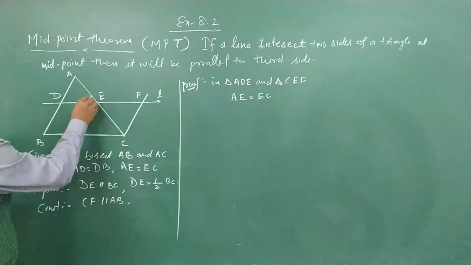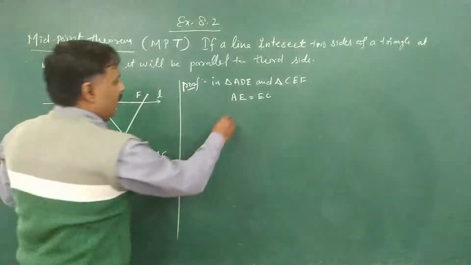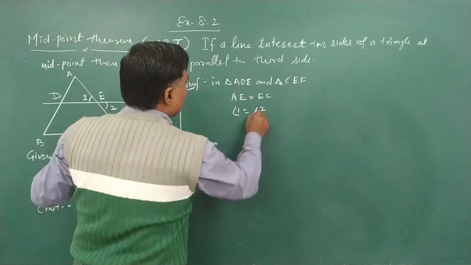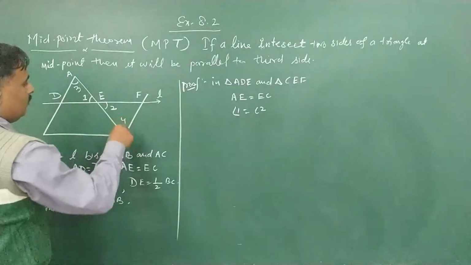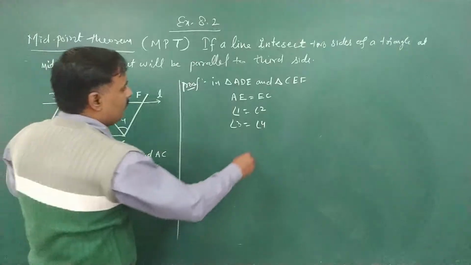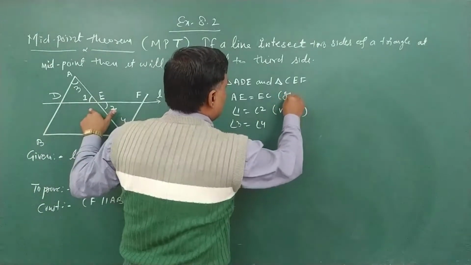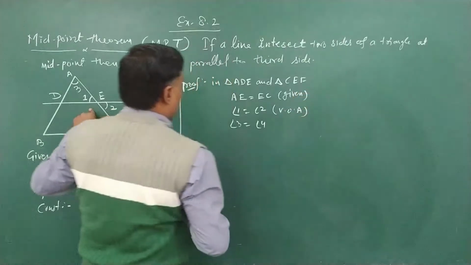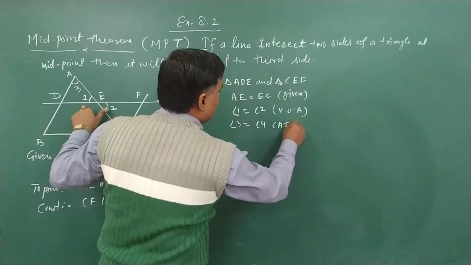This is angle 1 and this one is angle 2, angle 1 is equal to angle 2. Angle 3 and angle 4 are also equal. Why are they equal? Angles 1 and 2 are vertically opposite angles, and this one is given. The last one is alternate interior angles.